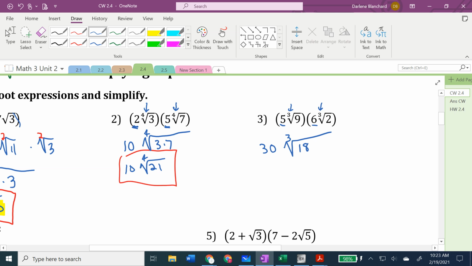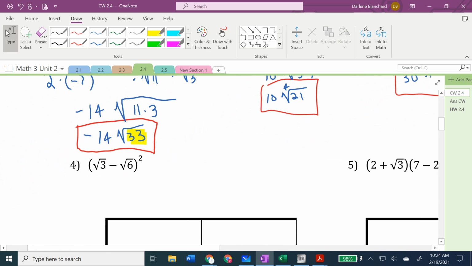If there are any factors of 18 that happen to be perfect cubes, you can get that pulled out as well to simplify. But we don't have that. So that is done.